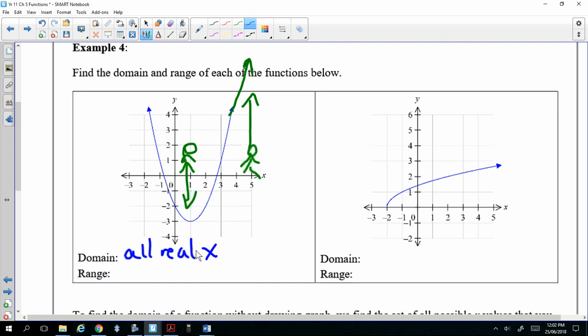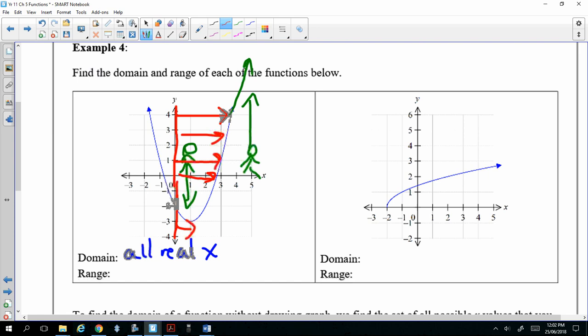Okay, let's find the range. Range is all the possible y values. Just imagine you're on a tree. This is like a tree, so you can see the graph here. See the graph? But is there anywhere on the y-axis where you don't see the graph? Where?